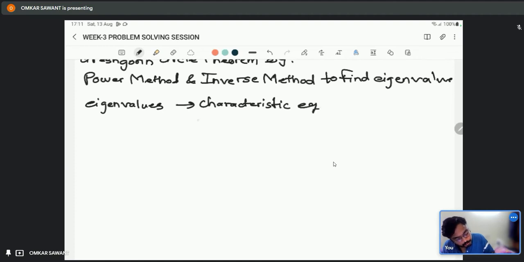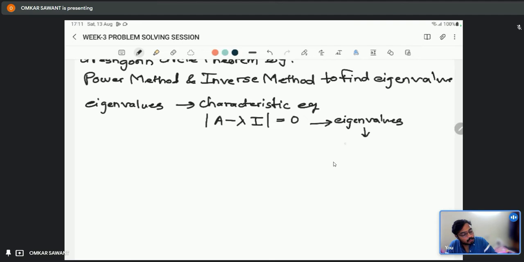If A is the matrix and lambda are the eigenvalues, then A minus lambda I equal to 0 is your characteristic equation, and this gives you the eigenvalues. From the eigenvalues, we calculate the corresponding eigenvectors. Together they are called the eigenpairs or eigensystem, right?